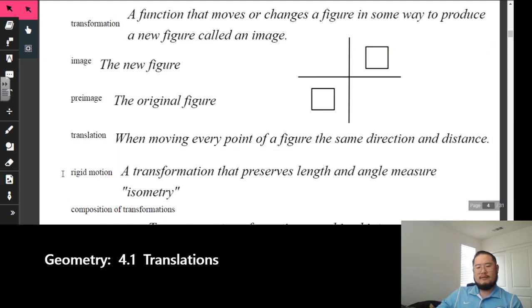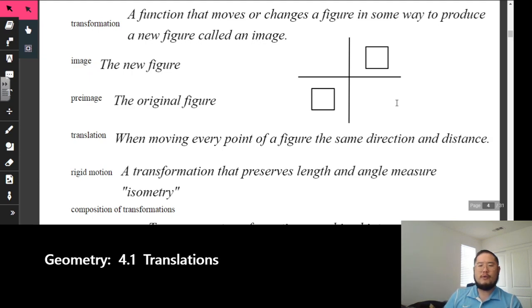Rigid motion is a transformation that preserves length and angle measure, what we call isometry. In these diagrams, from the pre-image to the image, everything stayed the same: the length, the angles.